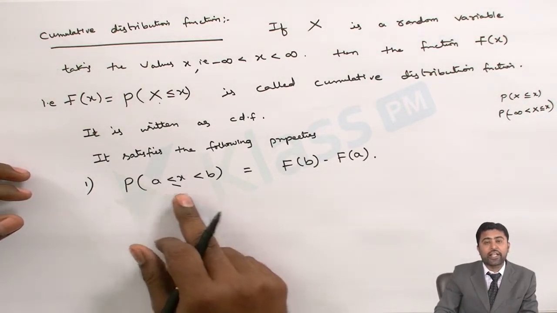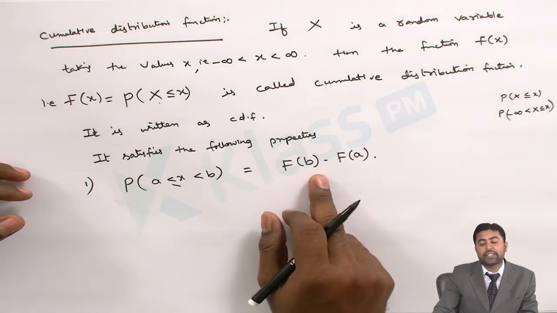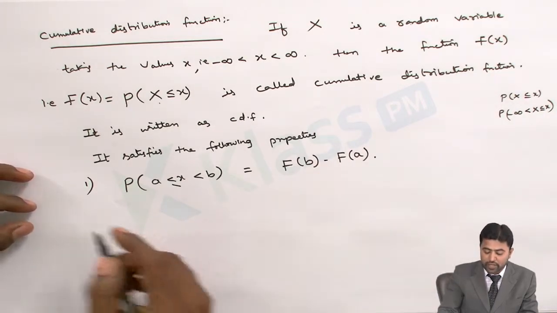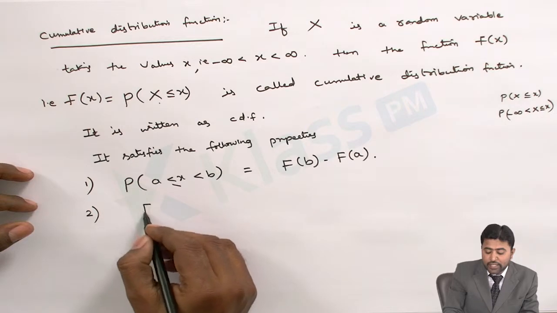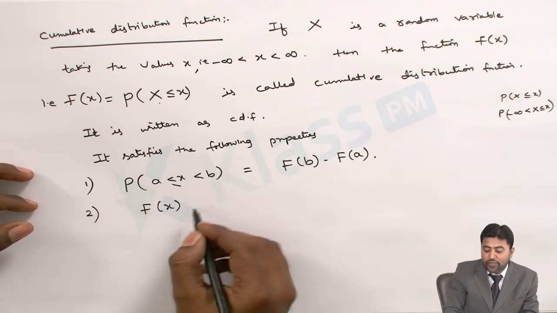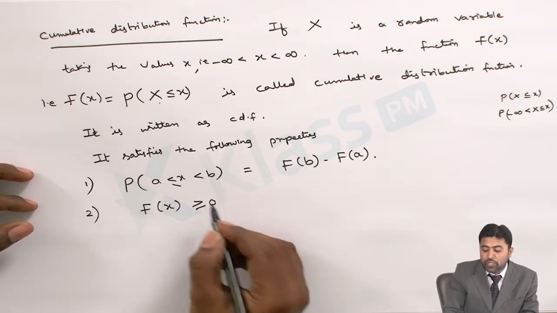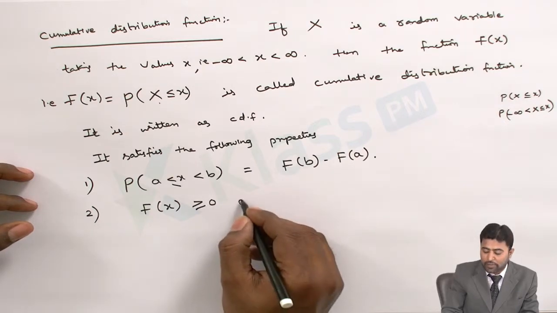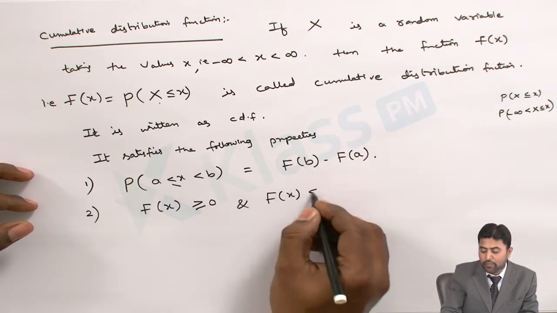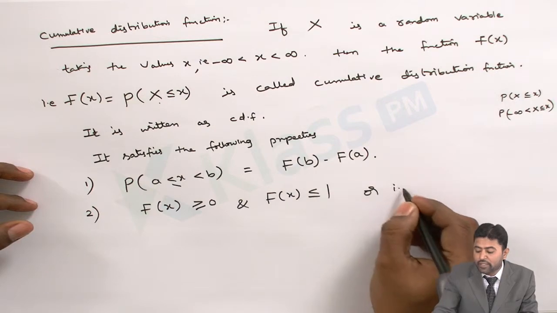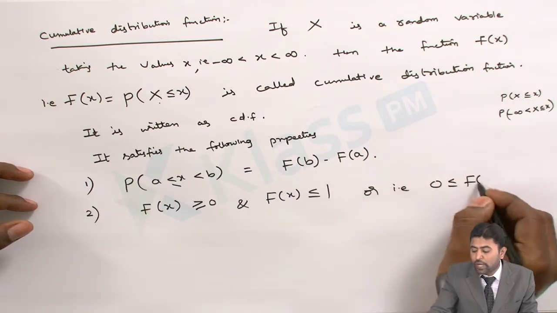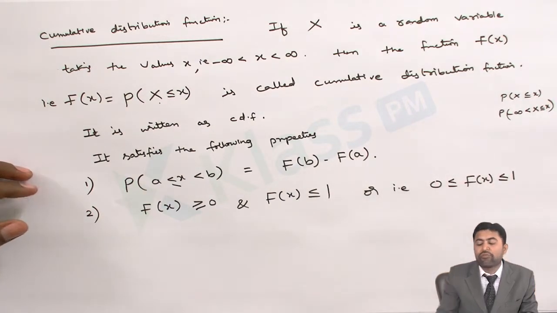Then second, this capital F of x value will always be greater than or equal to 0 and less than or equal to 1. Or I can write 0 less than or equal to capital F of x less than or equal to 1.